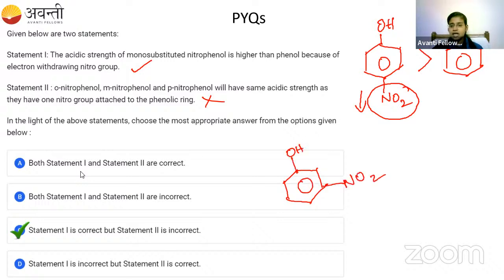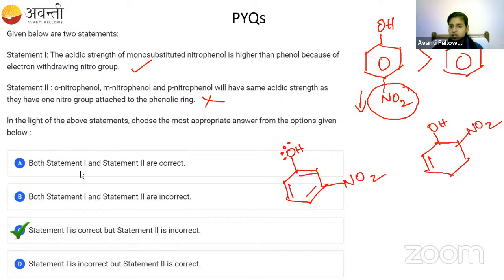This is meta and this is ortho, right? You know why? OH is an electron donating group. Let me draw the pi electrons so that you can understand this better.